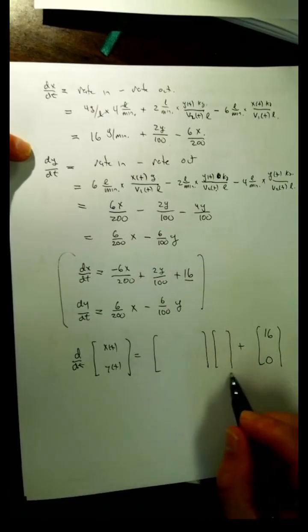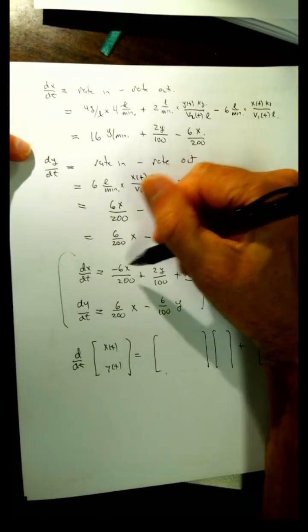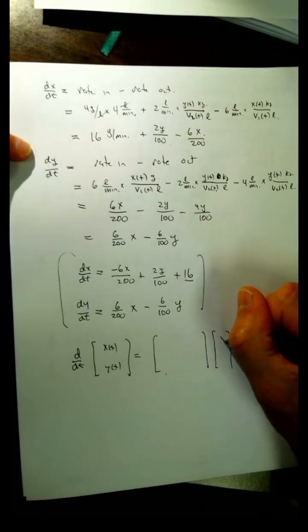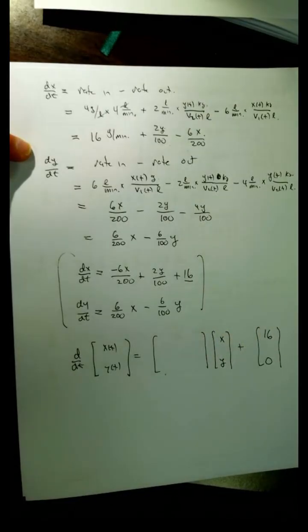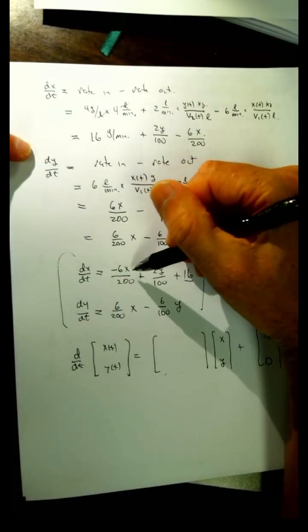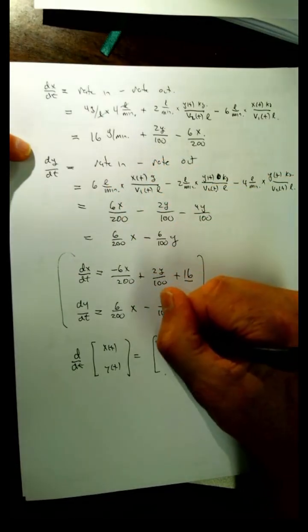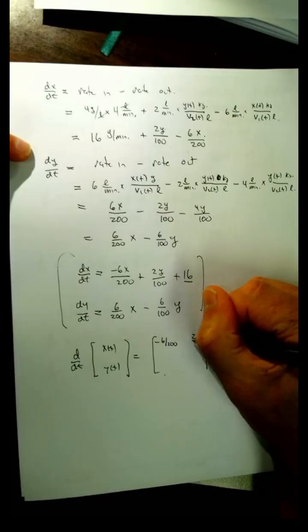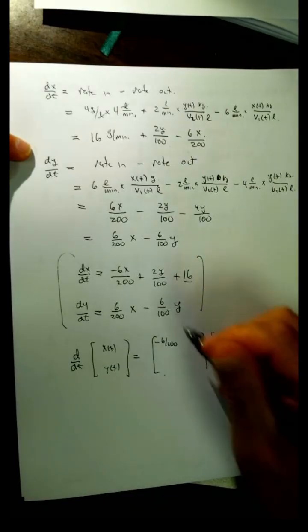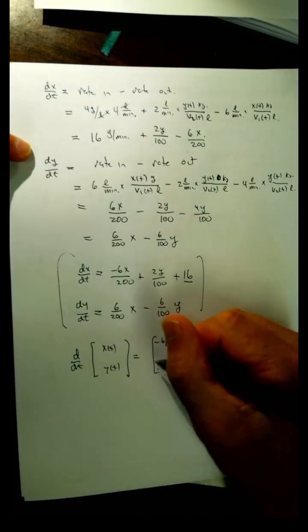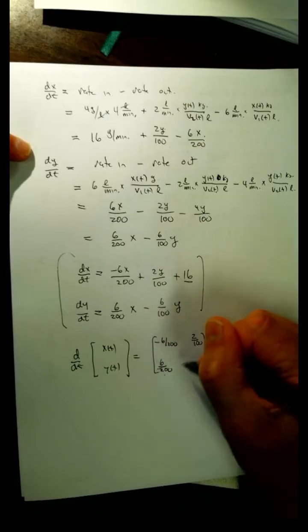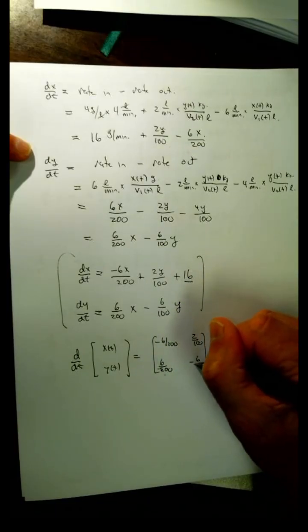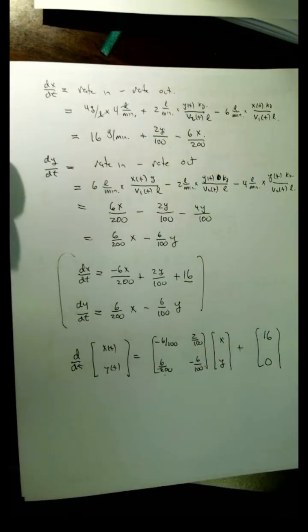This right here is going to be the vector given by these two terms. So my state is x and y. For the first equation, I've got minus 6 over 200 times x plus 2 over 100 times y. And for the second equation, I've got 6 over 200 times x minus 6 over 100 times y.